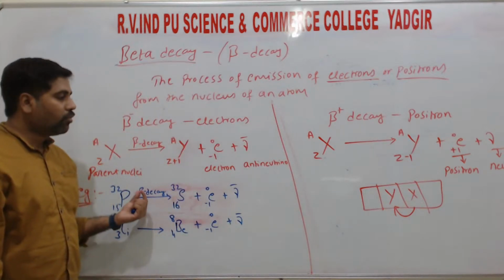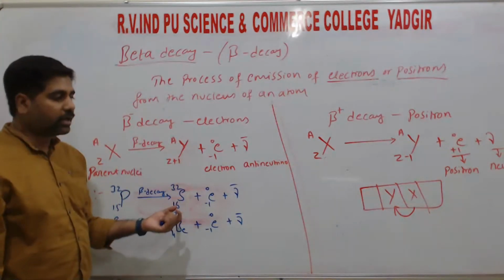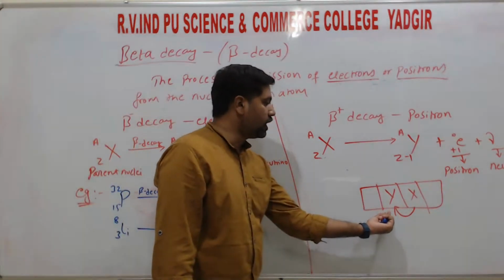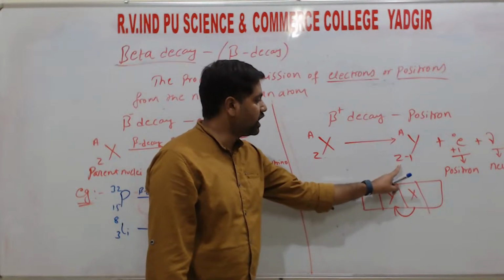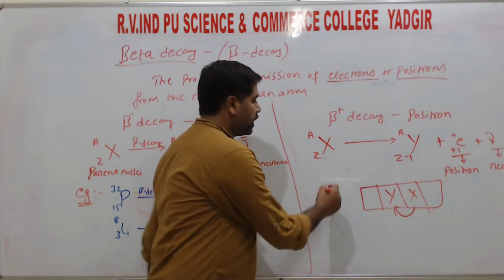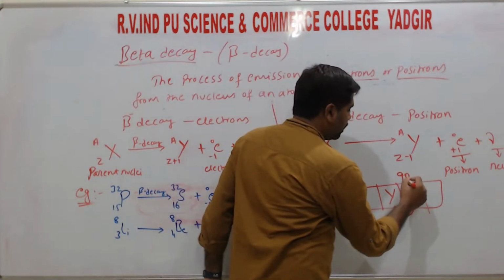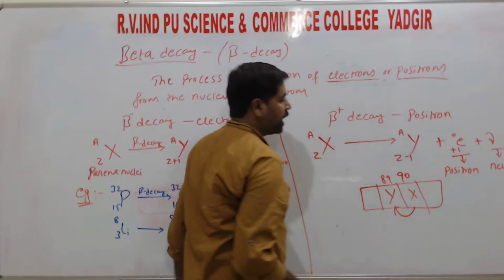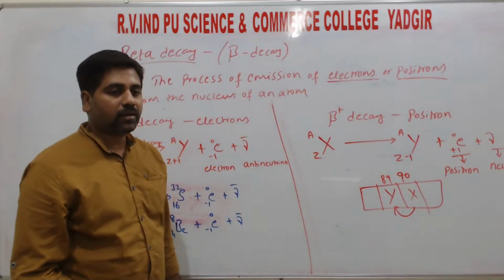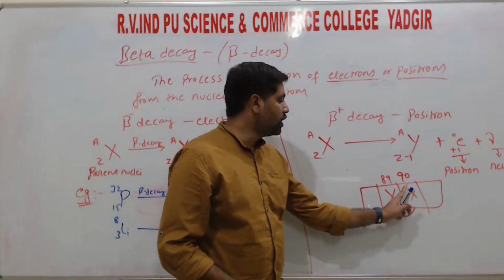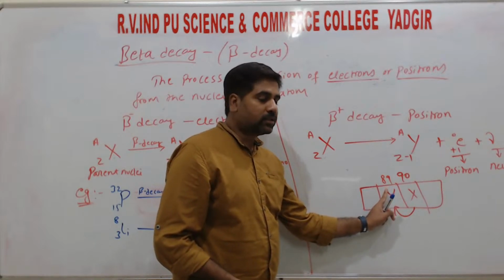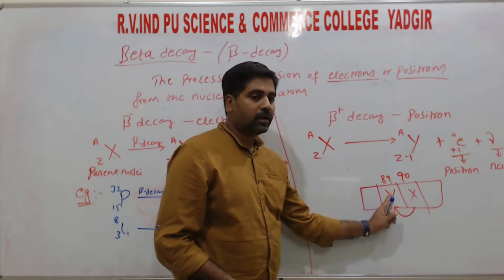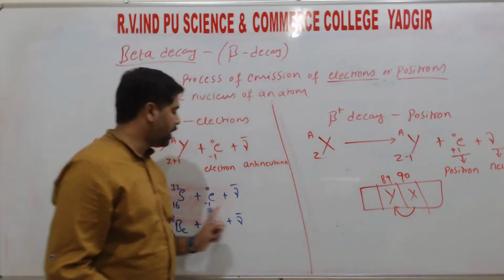Here we get one place to the left in the periodic table, because here it is Z minus 1. If the X value is 90, then the daughter value will be 89, because 90 minus 1 is 89. That's why it falls one place to the left in the periodic table.